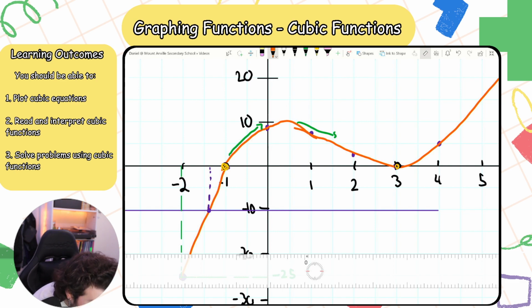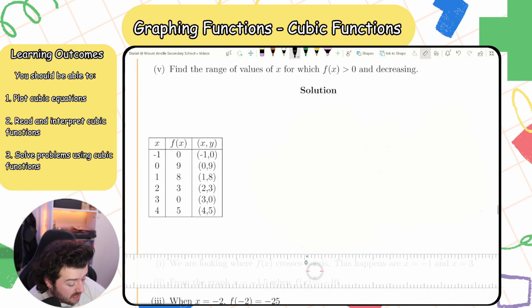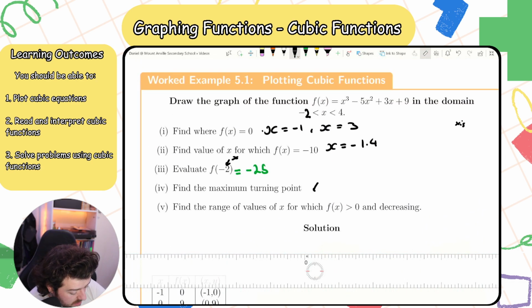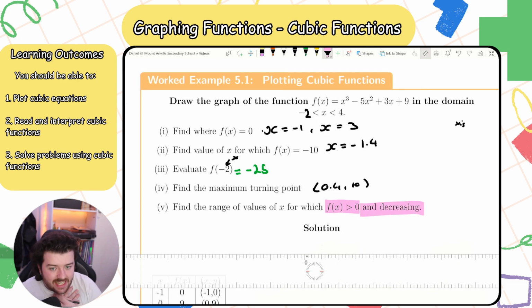Probably like that, really. So I say it's going to happen here. So it happens at x equals 0.4 and when y is equal to 10. That'll be my maximum turning point. So 0.4, 10.